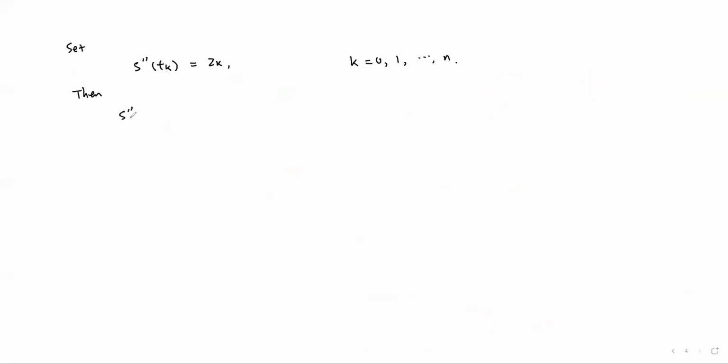Then the second derivative of S_k evaluated at t_k should be c_k. The second derivative of S_k evaluated at t_{k+1} is c_{k+1}. Because the second derivative of S is continuous, we have these two conditions.